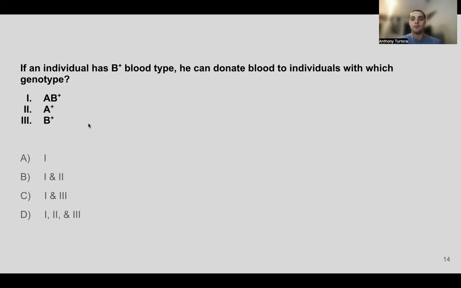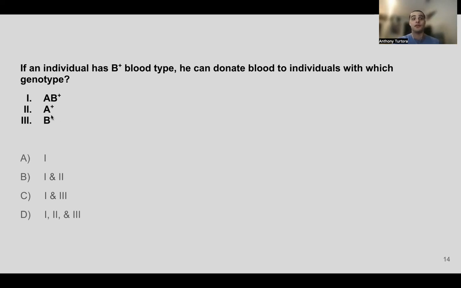For blood type, we have A, B, and O blood types. These code for the antigens on red blood cells. This individual with B positive blood type is going to have the antigen B on the red blood cell, and also the antigen for the rhesus factor.